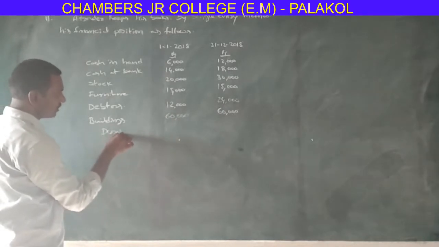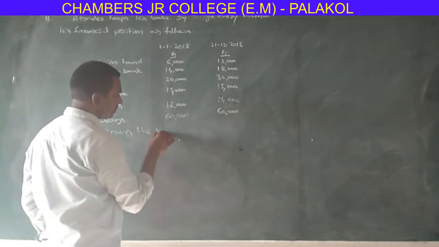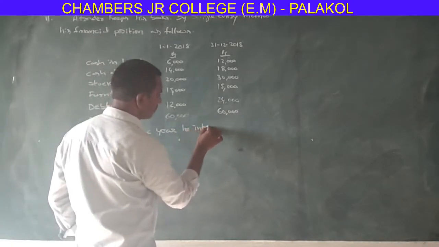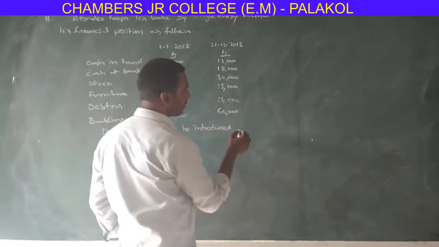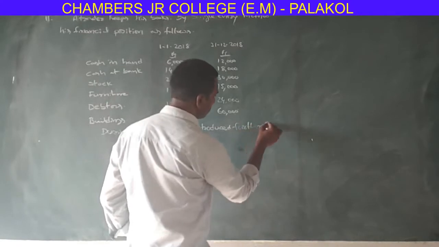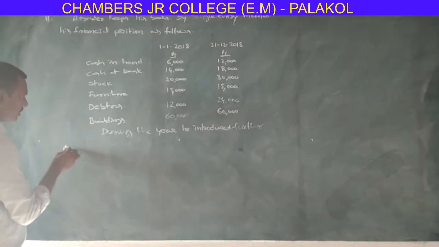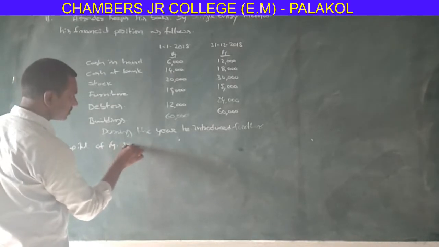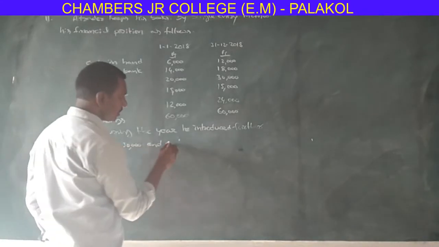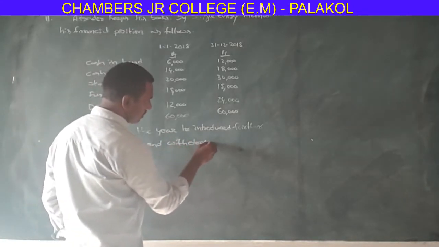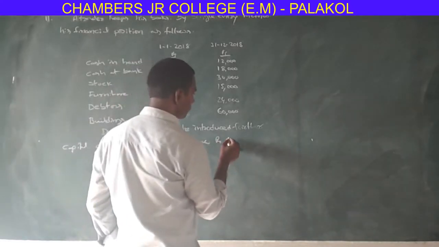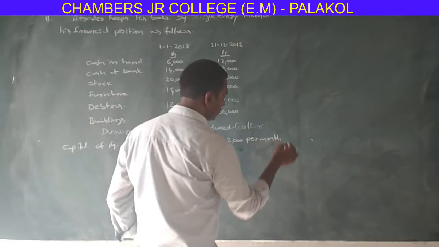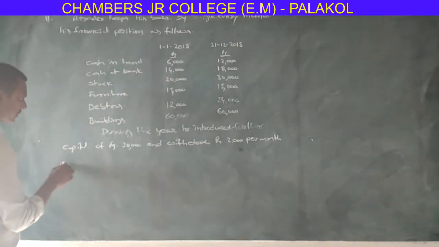During the year, he introduced further capital of rupees 30,000 and withdrew rupees 2,000 per month.